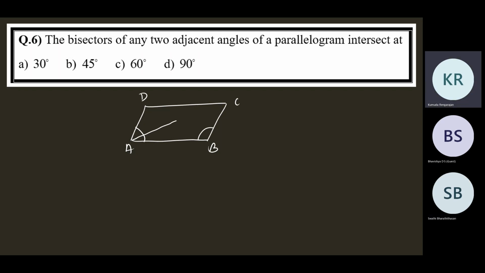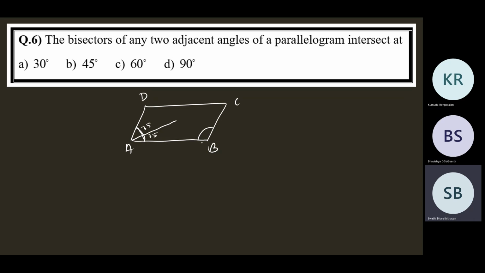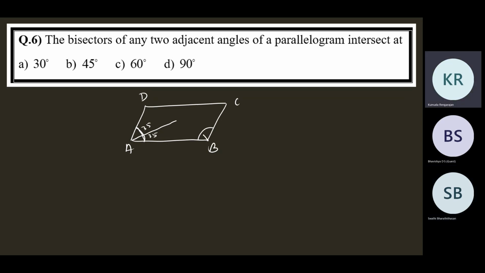If this whole angle is 70 degrees, it will be 35 here and 35 here, correct? Yes, ma'am. This is the bisector of angle B. Let's say the bisectors meet at O.